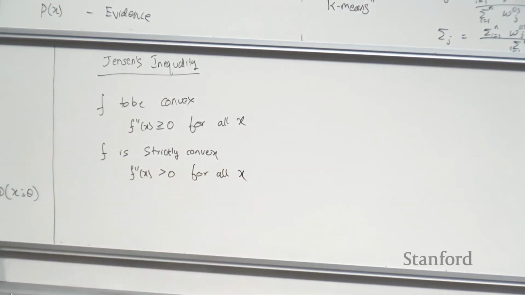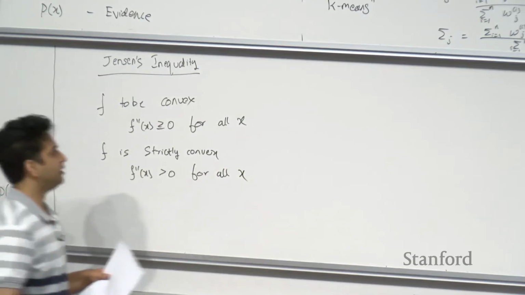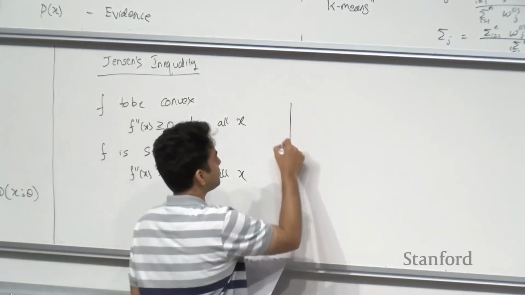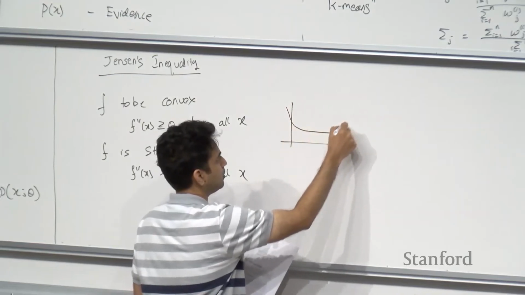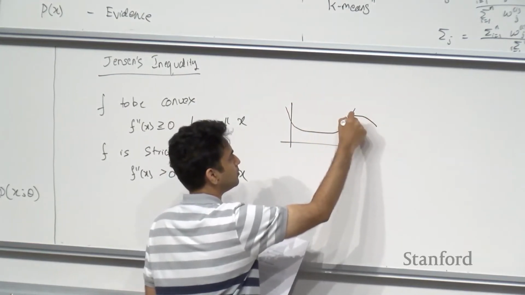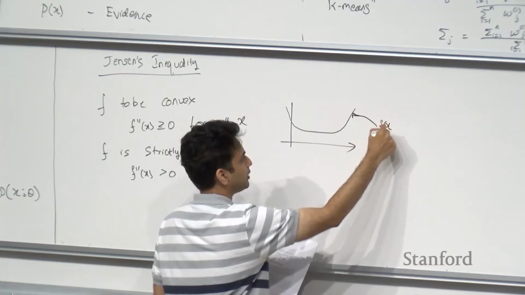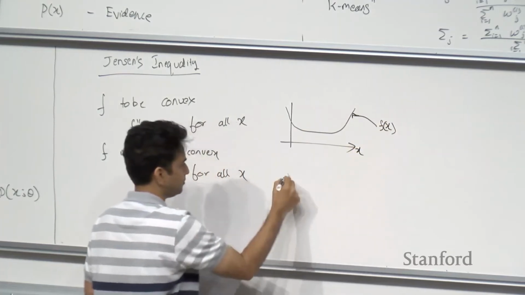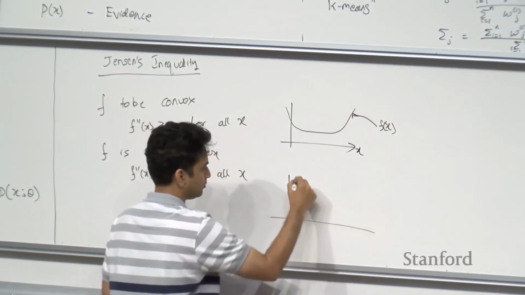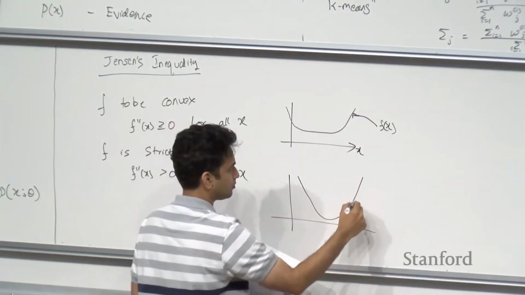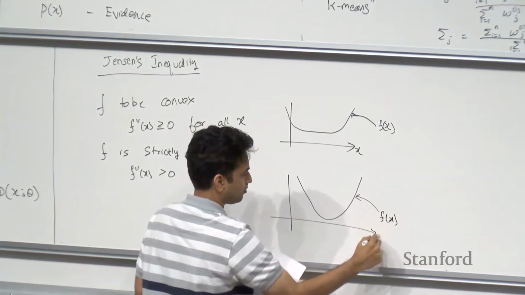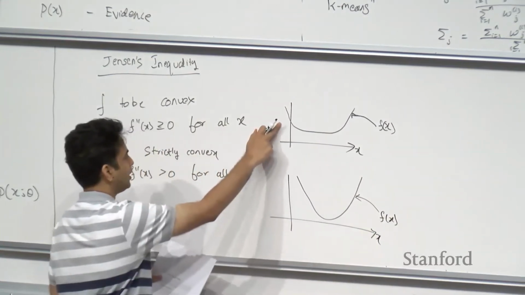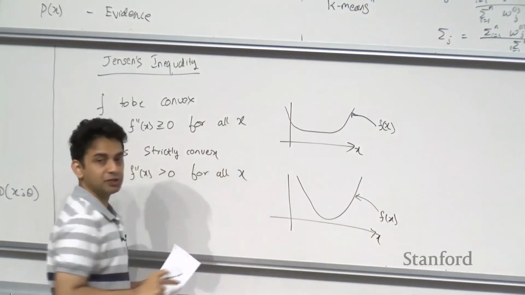The mental picture to have is f of x against x. This is an example of a convex function.